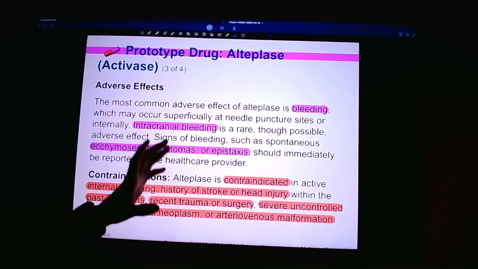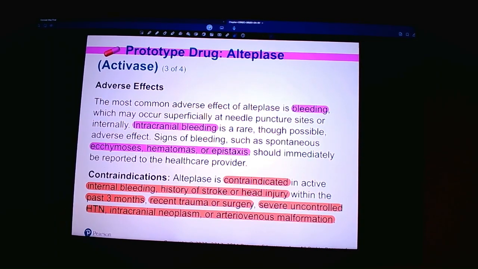Intracranial bleeding could occur. And that way we could kind of remember, right? And that's why we'll use the intracranial bleeding with the different contraindications, right? It's very possible, especially in older people, that sometimes in our body we're injured, but we never notice it, right?